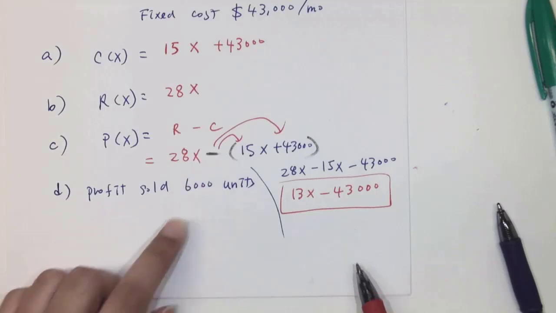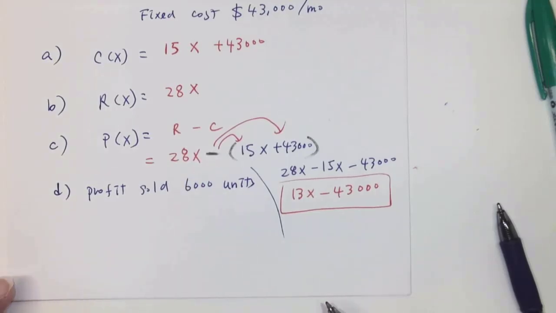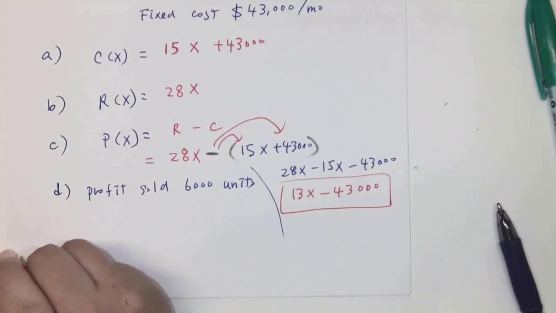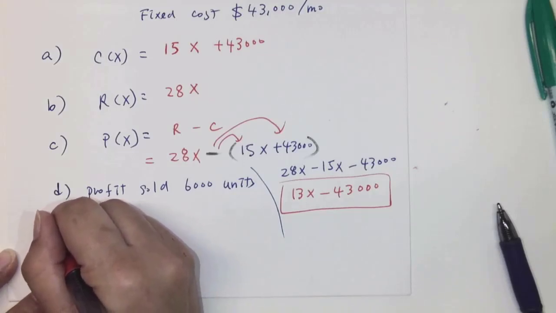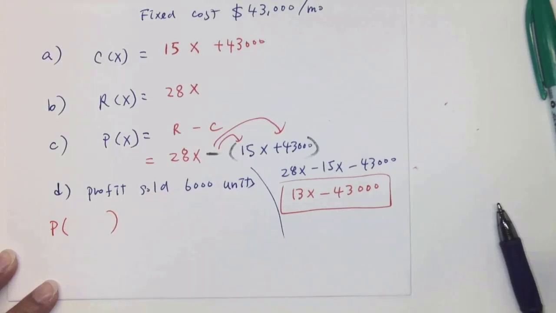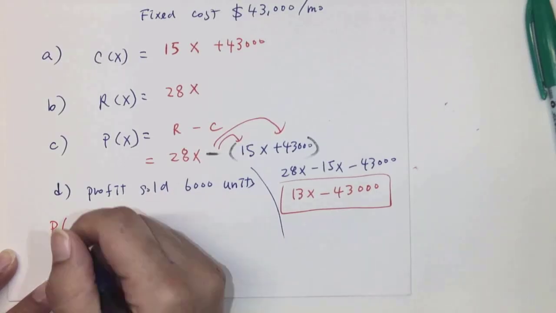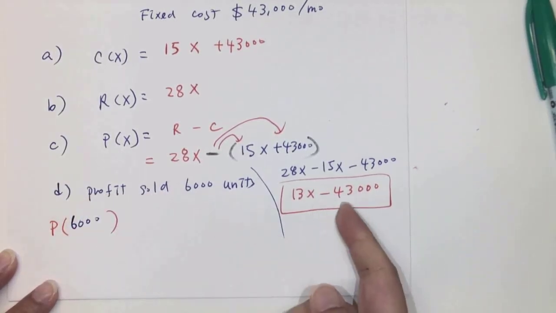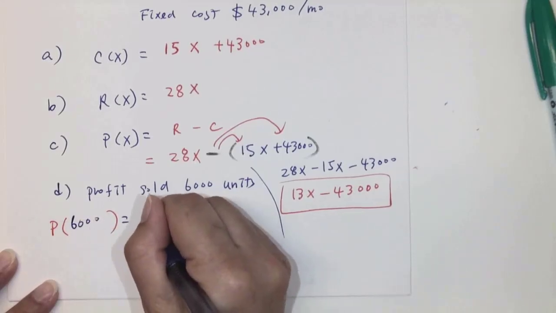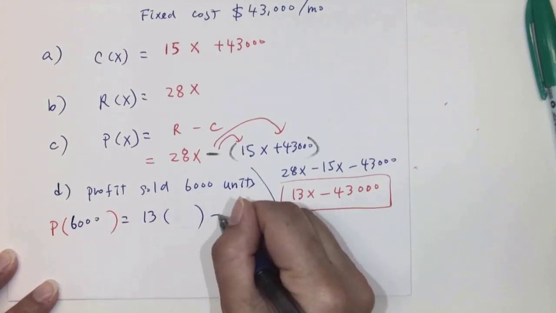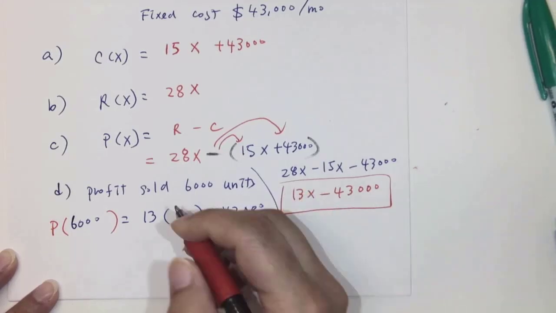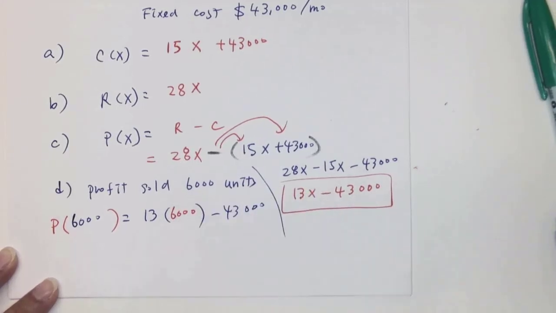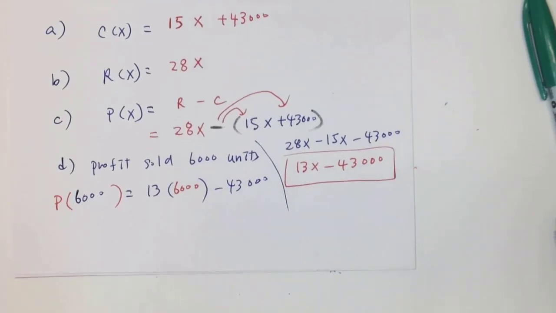You're subtracting both. All right, so if I need to find profit for 6,000, which function are we using? Profit function, plug in x equal to 6,000, so this better be correct, okay? So 13 times 6,000 minus 43,000. Put 6,000 here. Put it into the calculator.